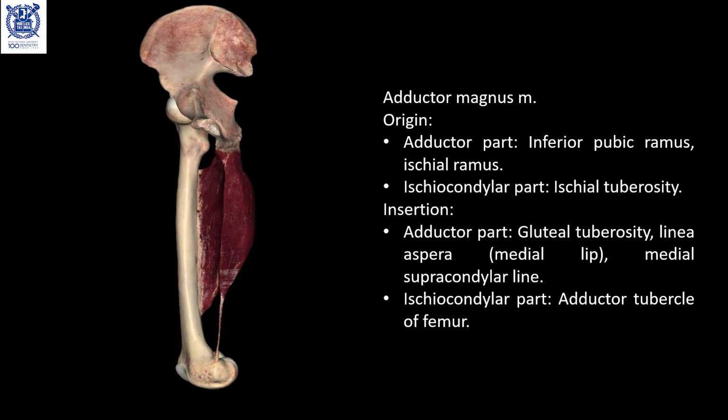Insertion: the insertion is also divided into parts, like the origin. The adductor part: gluteal tuberosity, linea aspera medial lip, medial supracondylar line. Ischiocondylar part: adductor tubercle of femur.